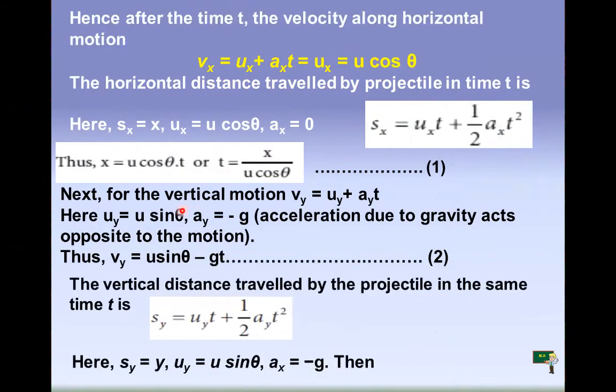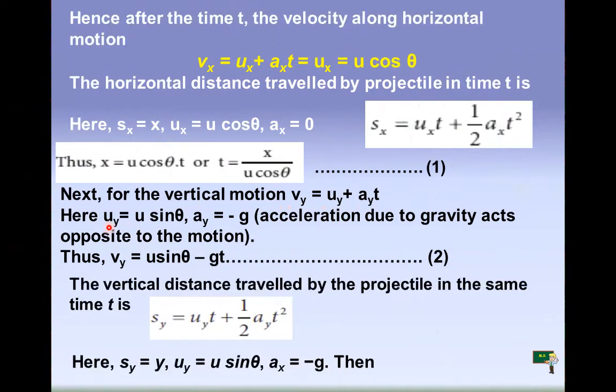So far we have seen the horizontal distance travelled by the projectile. Now let's move to the vertical motion. In the vertical motion, Vy = uy + ay into t.